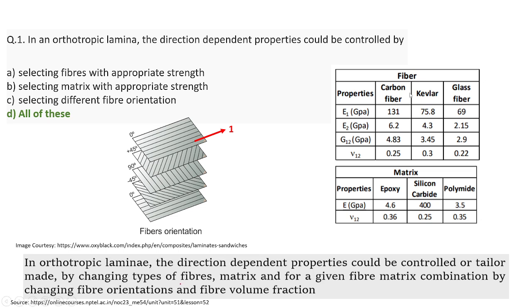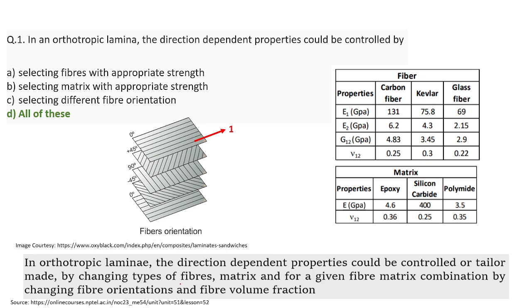From comparison, you can see they all have different values, which shows that their strength is different. Hence their strength will be affecting the lamina. Hence, selecting the fibers with appropriate strength is required, as the fibers can control the lamina.